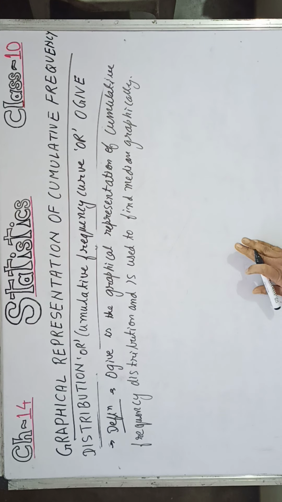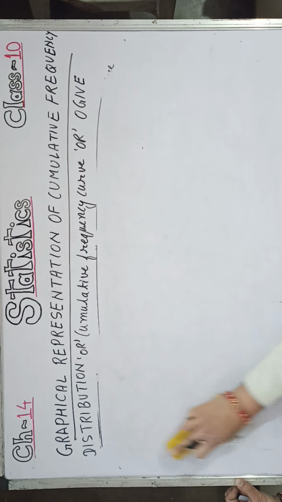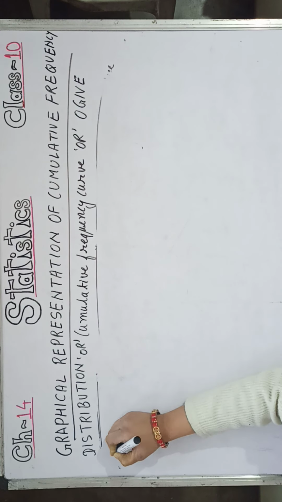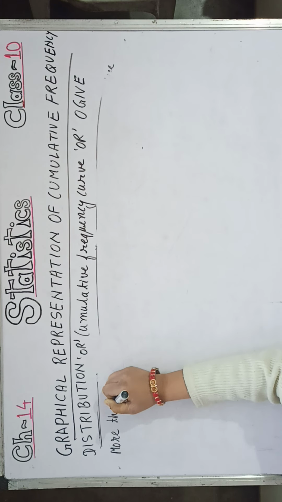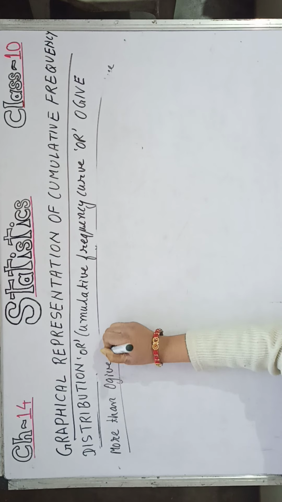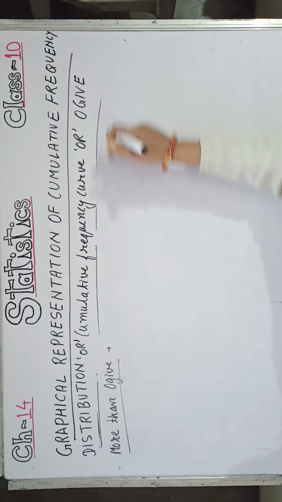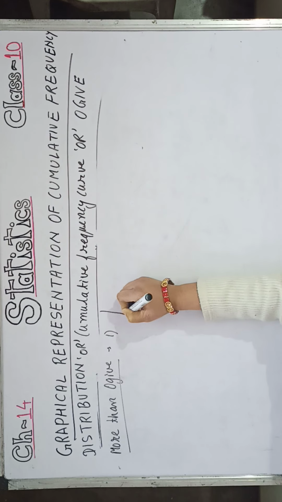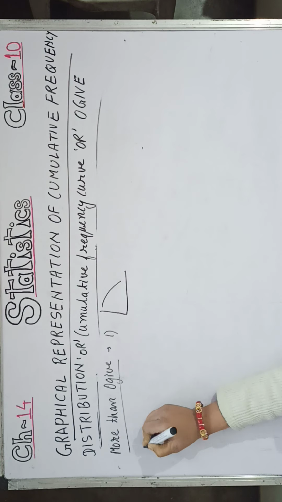Okay. Now types I have told, more than and less than. I am explaining what we do in more than and less than, then I will give an example. More than ogive. Number one, the graph is in the form of top to bottom (ऊपर से नीचे).